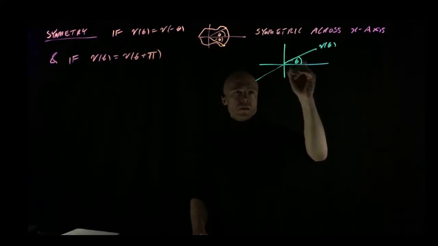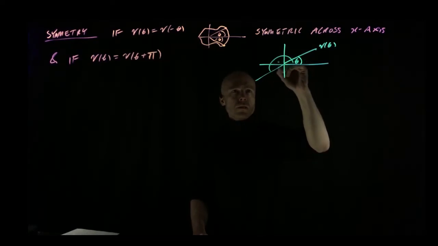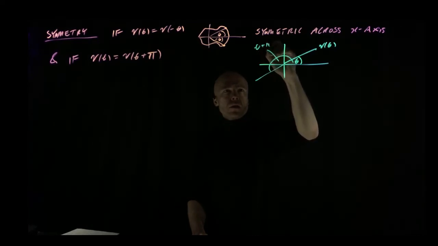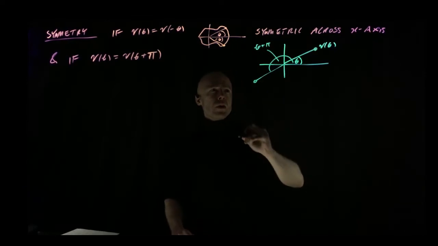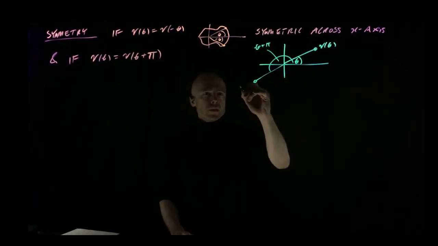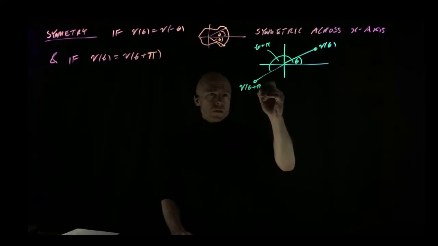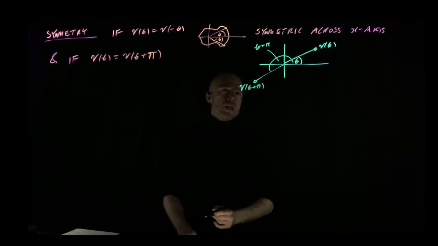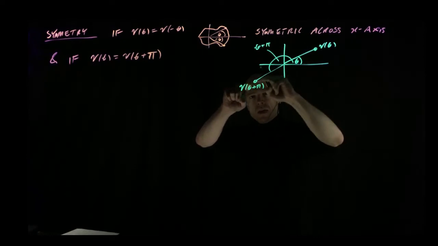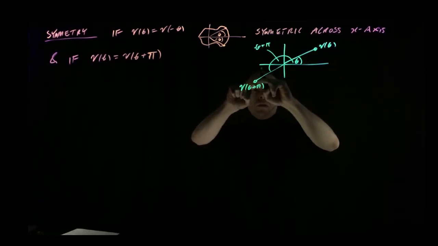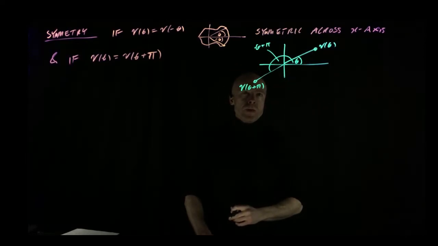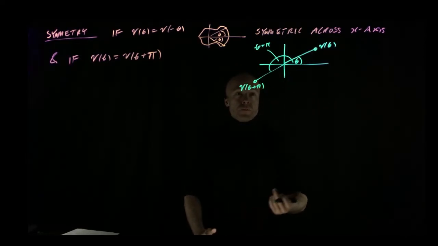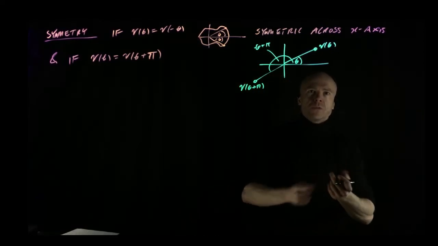So this is theta plus pi. And if r of theta plus pi has the same value as r of theta, then we're going to have a point like this on the other side. So if we think about what that means, it means every point has an exact other point reflected through the origin, right? A so-called antipodal point. So that is symmetrical through the origin.